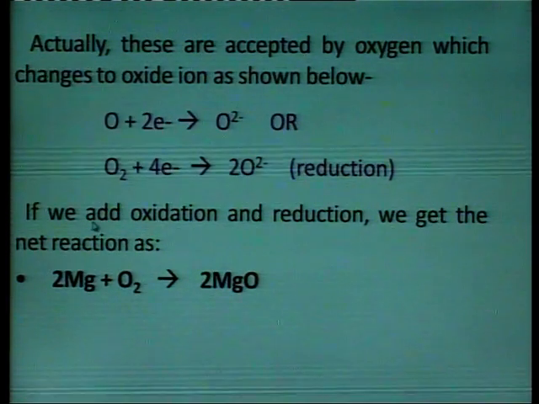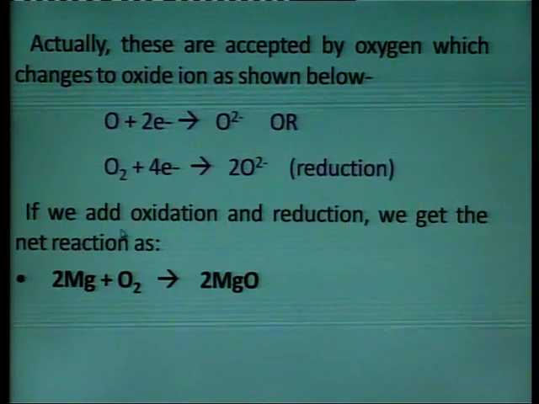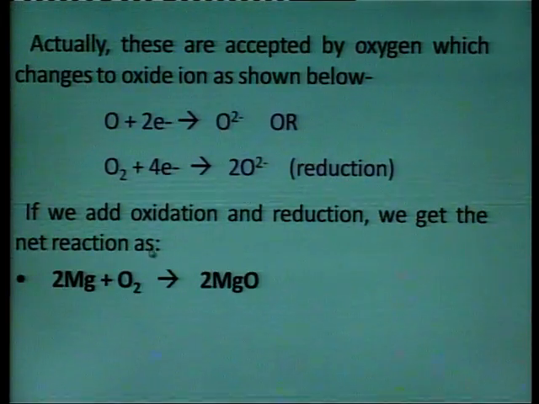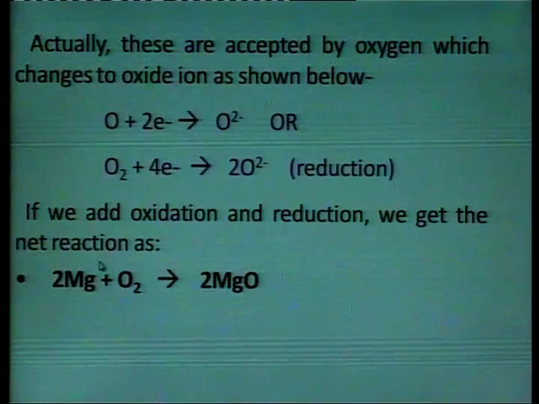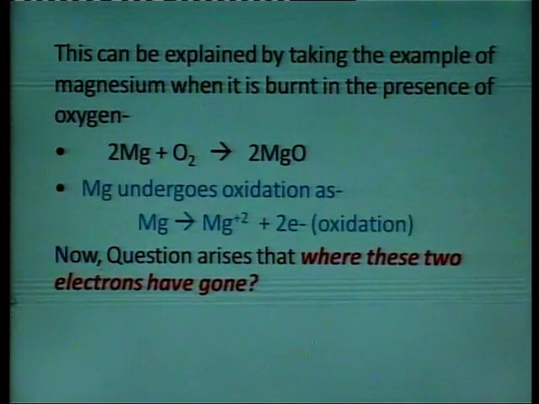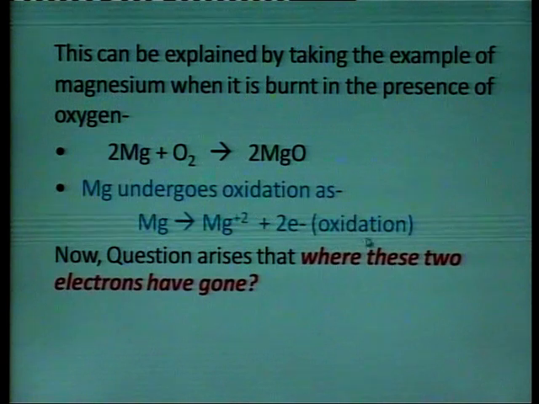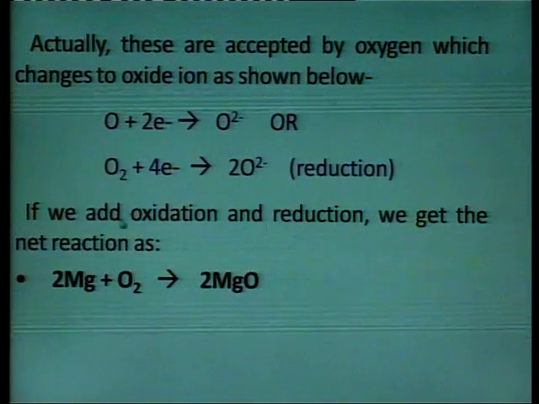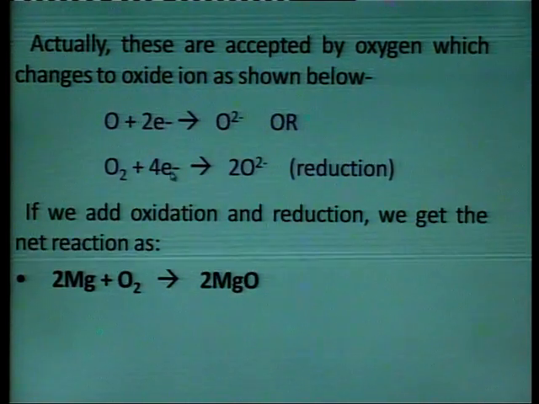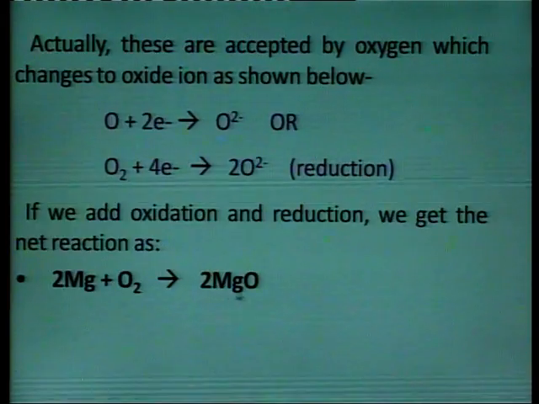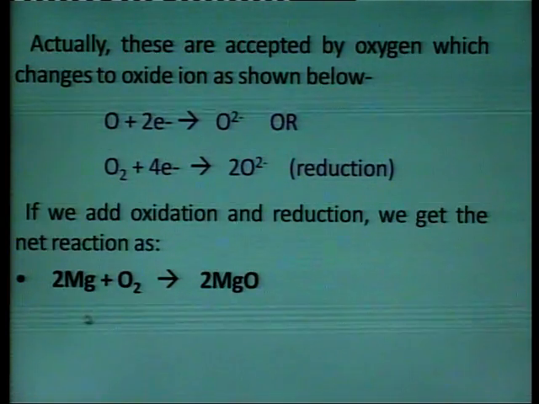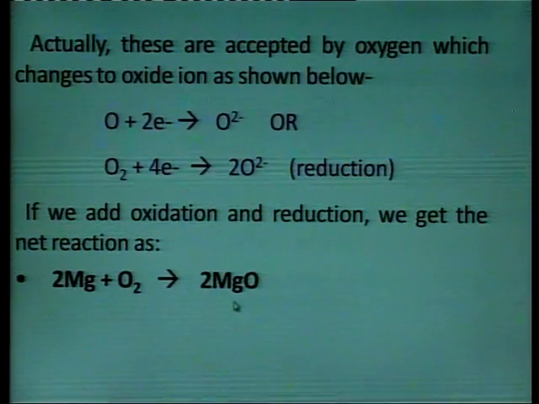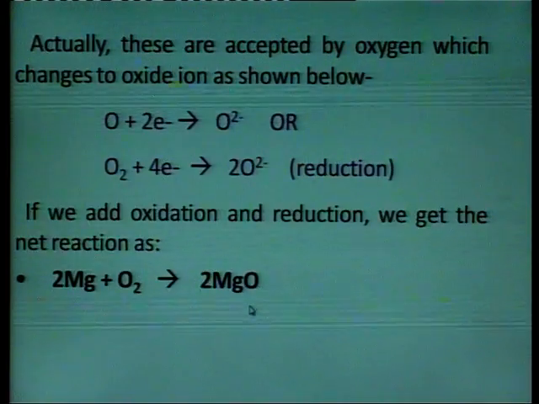Now, if we add these two processes, that is oxidation and reduction, and cancel these electrons, the net reaction comes out to be our main reaction, that is Mg plus O2 changing into 2 molecules of magnesium oxide.